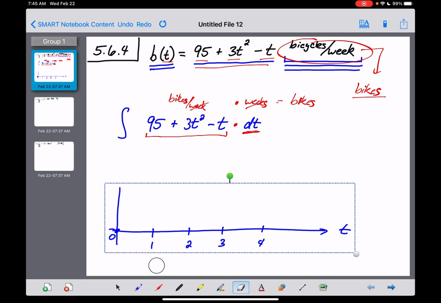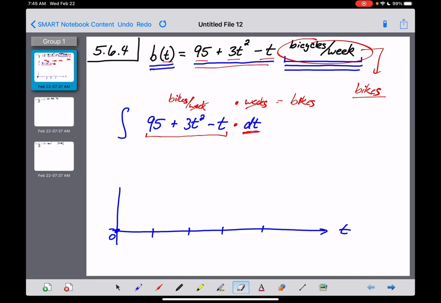The first week would have been in that first set, so I don't really like where I put that. This would be the first week right here. Here's the second week. You would never talk about the 0th week of production. So there's your third week and there's your fourth week. Labeling my axes 1, 2, 3, and 4 would look something like that.